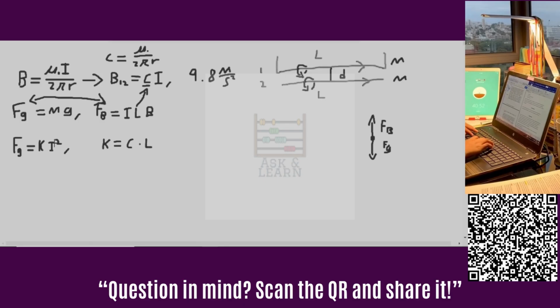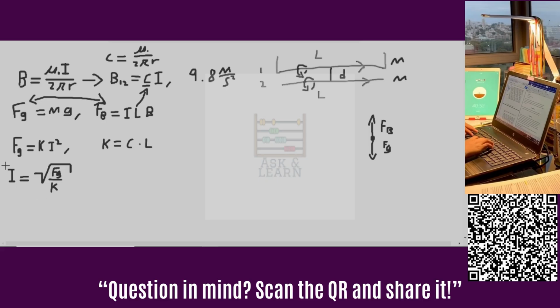So now we can find our current here because we know everything else. And we're going to have to take the square root because we have an I squared here. So the square root, we need to move the K over, so we have our F sub G divided by the constant K. This is all under the square root sign.